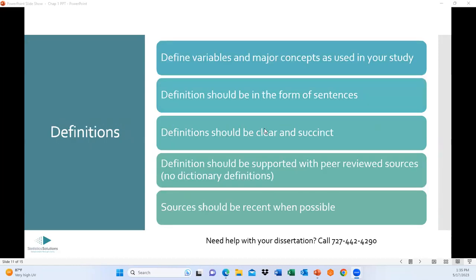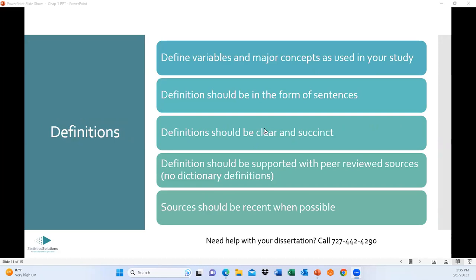All right, definitions section. Check, most schools have a section for this on definitions. And these are definitions of major concepts, the terms, your variables that are important to your study, right? That you're going to be studying.